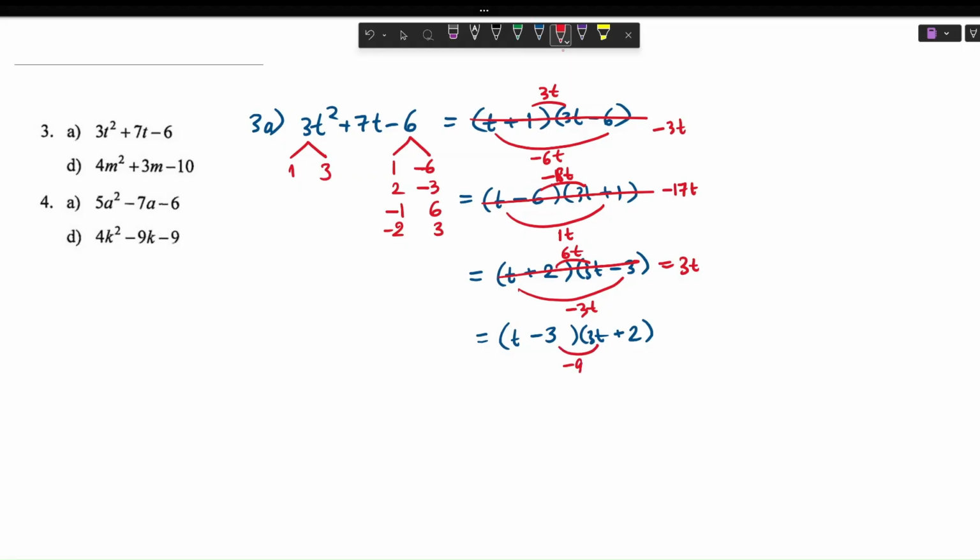Well, we're going to get negative 9t and positive 2t, so together that is negative 7t. That is almost correct. So let's notice that if we swap the signs, so we get negative 3 and positive 3 and negative 2, then these middle term signs are going to switch. So you're going to get positive 7t, which is correct. So that's our final factorization.